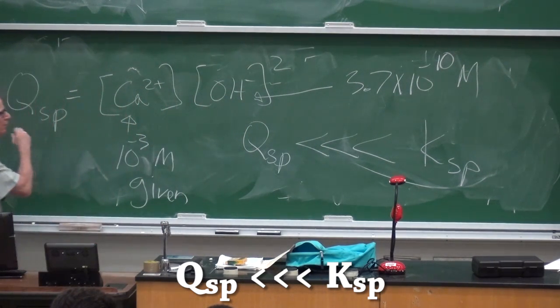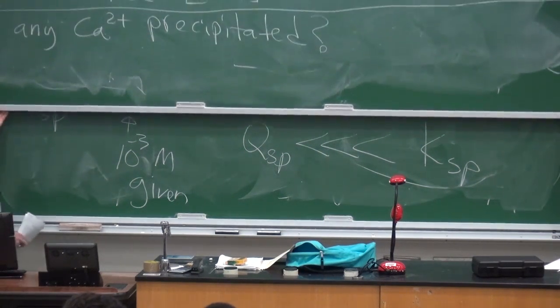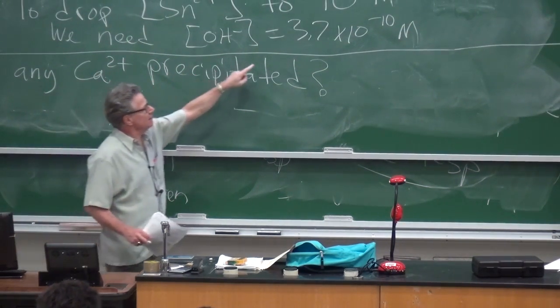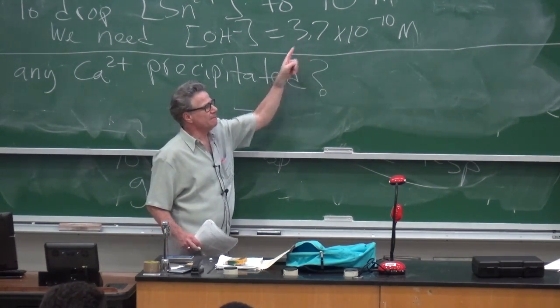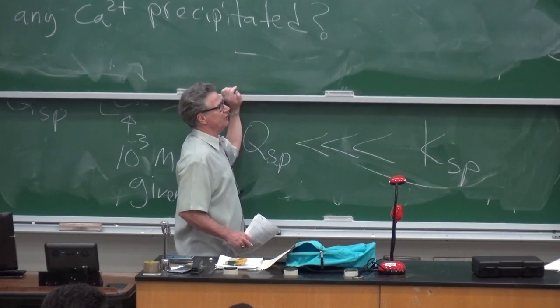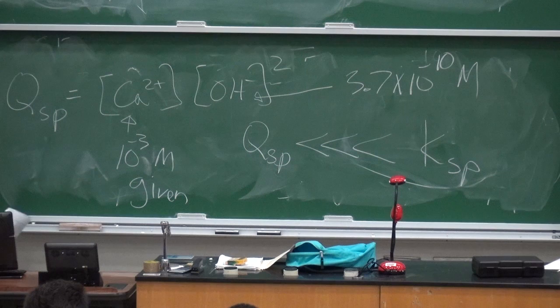I don't have the number worked out, but again, what am I doing here? I said I want to drop all the tin to 10 to the minus 9. That was easy. That was the first part of the calculation. That's the hydroxide ion concentration I need. Now I asked a related question. At that hydroxide ion concentration, has any calcium precipitated?